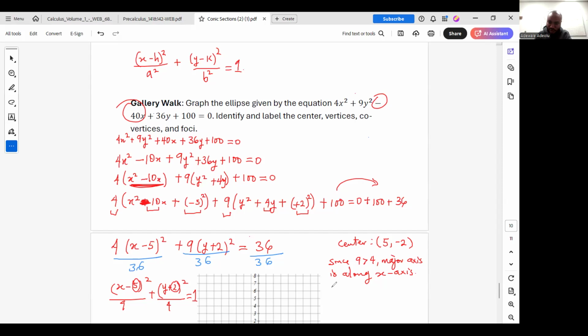Which means a squared is 9, b squared is 4. So let us find c using this relation: c squared equals a squared minus b squared, which is 9 minus 4, and that is 5. So c equals plus or minus square root of 5.